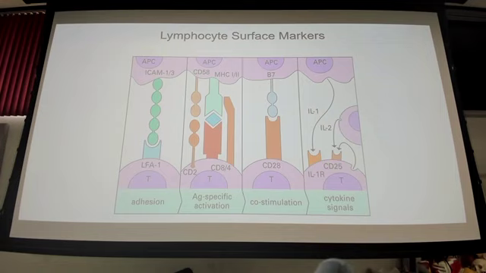And then finally, we have cytokine receptors as well. Cytokines are still involved. They're still needed for appropriate signaling. Some of the important cytokines we've talked about are IL-1 and IL-2. We need those as well. They have their cognate receptors on those T cells. We talked about IL-2 before.